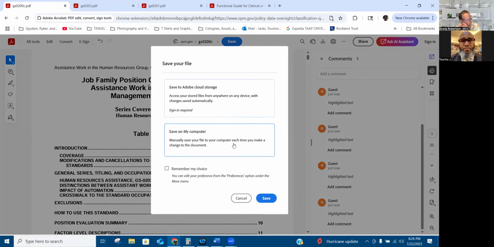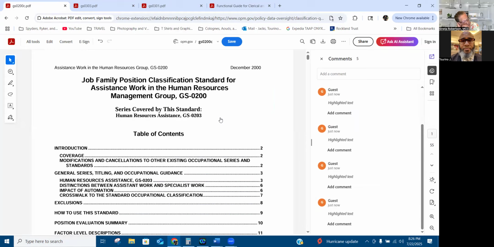That's not the 201. The 203 is assistance work. The 201 is specialist work, administrative work. Yeah, this is the 203. Right here.